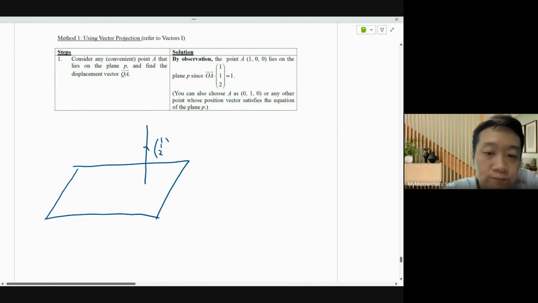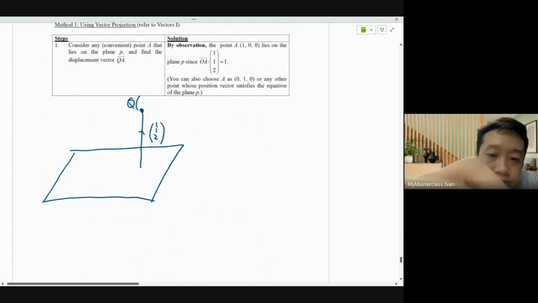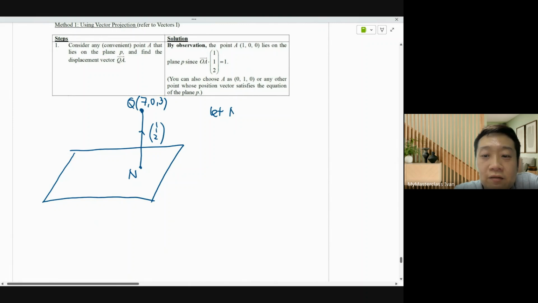1, 1, 2. This is Q, right? 7, 0, 3. This is N. So N equals the foot of the perpendicular.